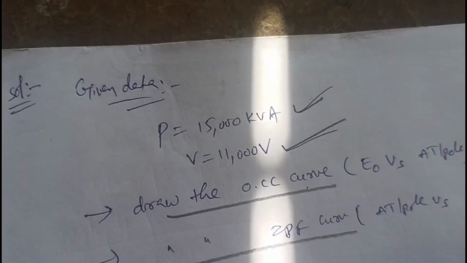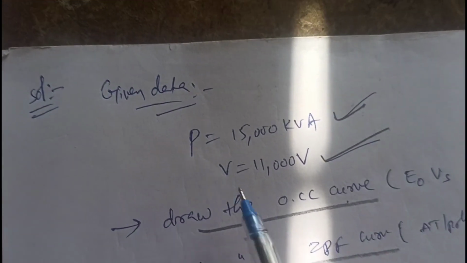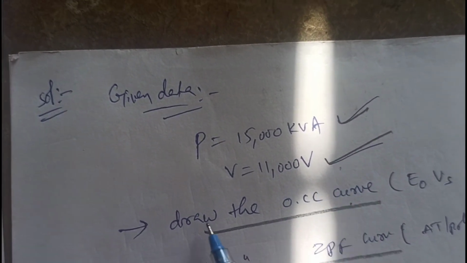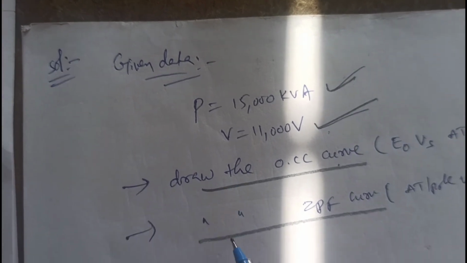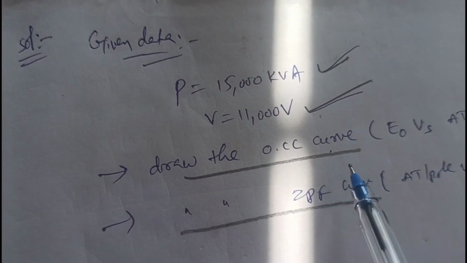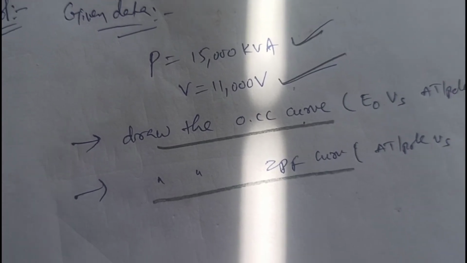These are the two steps to draw the OCC and ZPF characteristics.